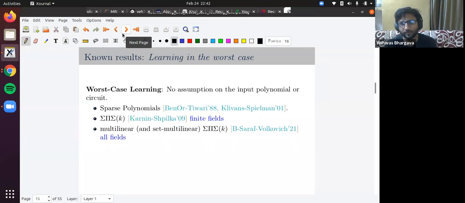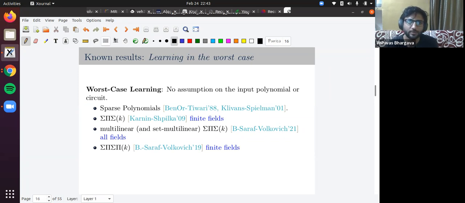We later gave a result which works for all fields, joint work with Shubhangi and Ilya, which works for multilinear circuits and set multilinear circuits. So we improved the finite field dependence to all fields, but we have to have this extra assumption of multilinearity. We also generalized this to depth 4 circuits in a previous work, but with the finite field restriction.